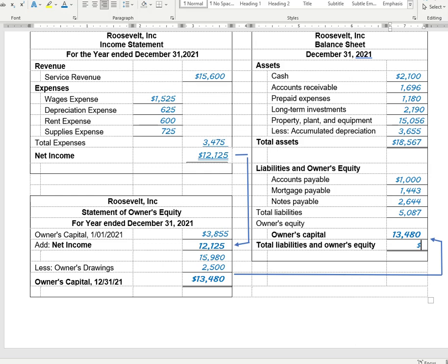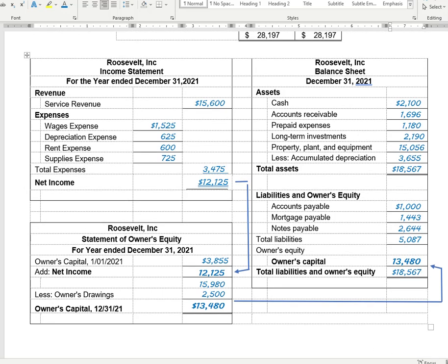And when I add those together, I get $18,567. So I added $5,087 to my $13,480. I get $18,567. My total assets equals my total liabilities and owner's equity, and my balance sheet balances. And that is exactly what we're looking for.